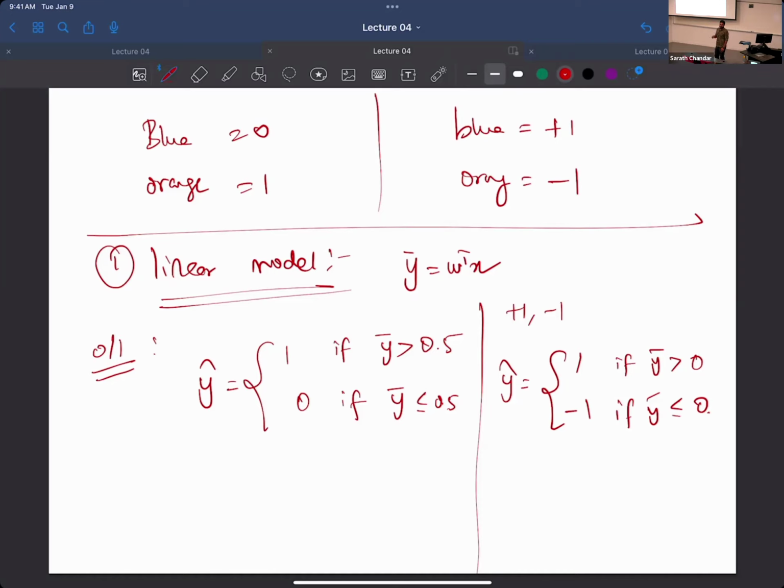Now we don't care about the output of the regression. We actually care about the class, right? So I'm going to make these rules. If my regression output is greater than 0.5, then I'm going to call it class 1. If it is less than 0.5, I'm going to call it class 0. And here I picked 0 as the threshold.